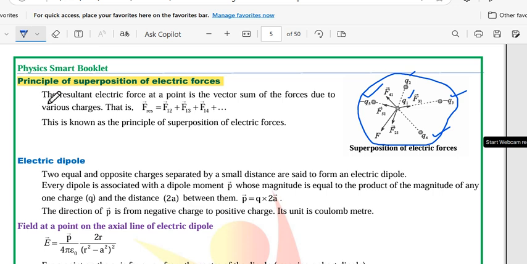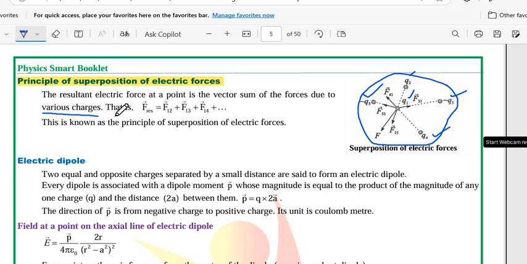We need to derive the resultant electric force. Suppose we consider five point charges. The resultant electric force at a point is the vector sum of the forces due to various charges.